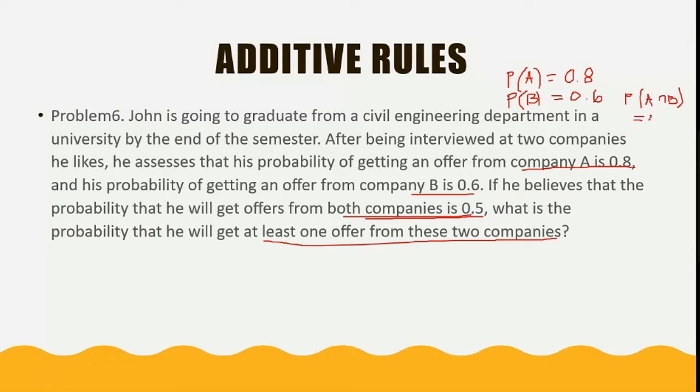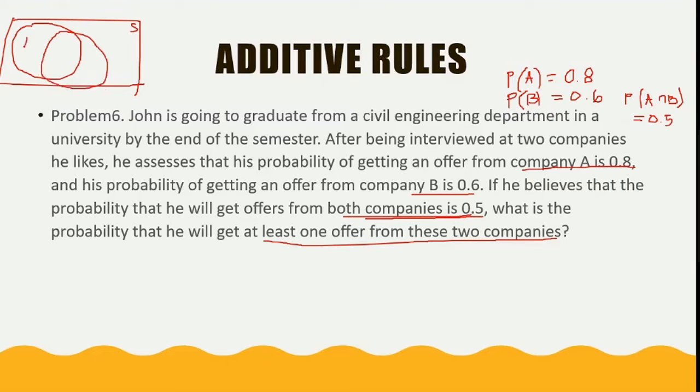If you're going to show this in a Venn diagram, the problem might look like this. You have a sample space, event A 0.8, then event B, that's 0.6.